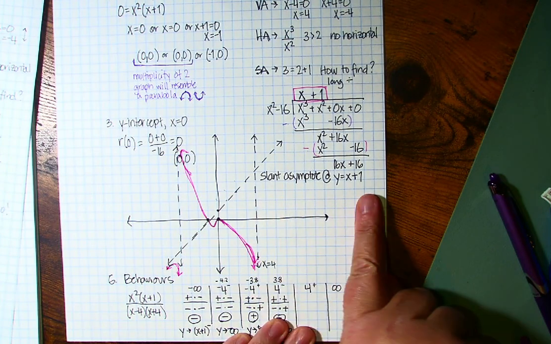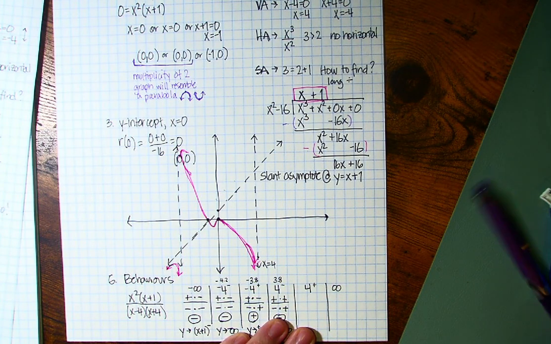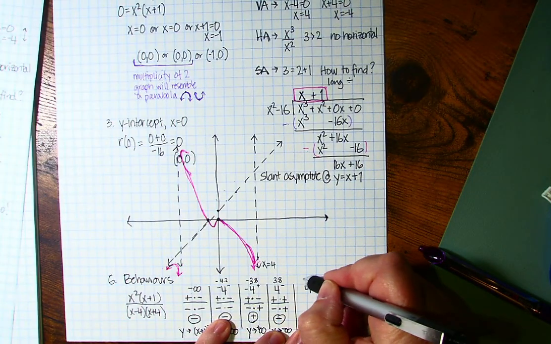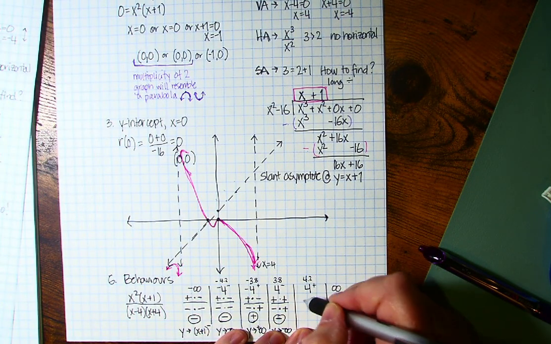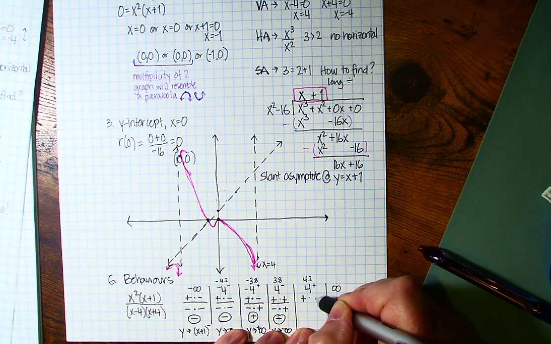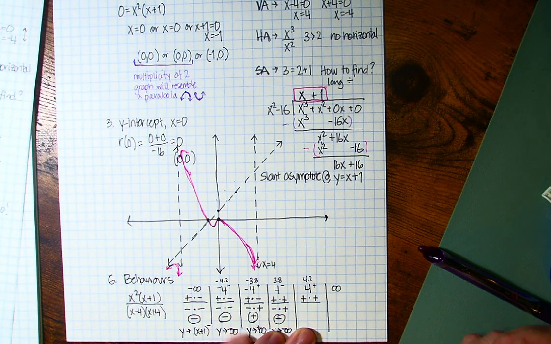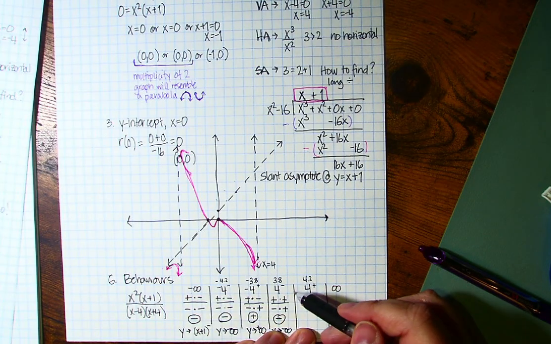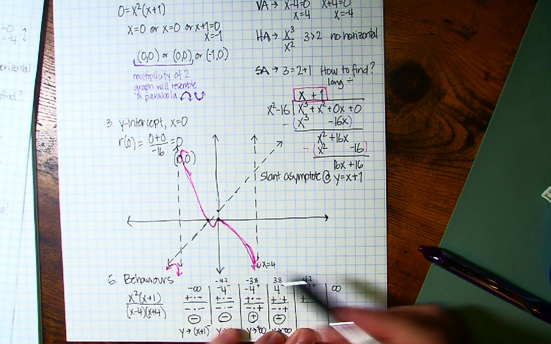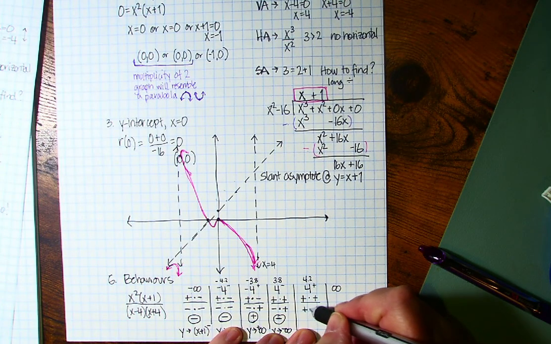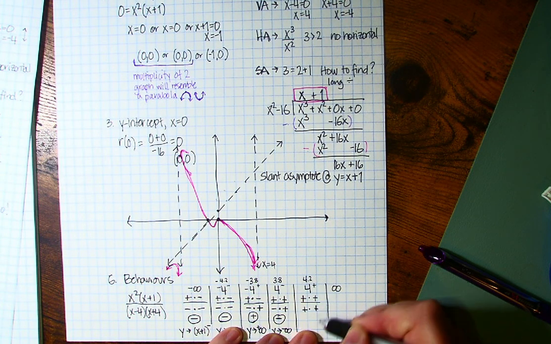Now I just need to know what happens over here to the right of the 4. So a little bit bigger than 4 is a 4.2. If I square it, it's positive. If I add 1, it's still positive. If I take that 4.2 working in the denominator and I subtract 4, it's positive. If I add 4, it's positive.